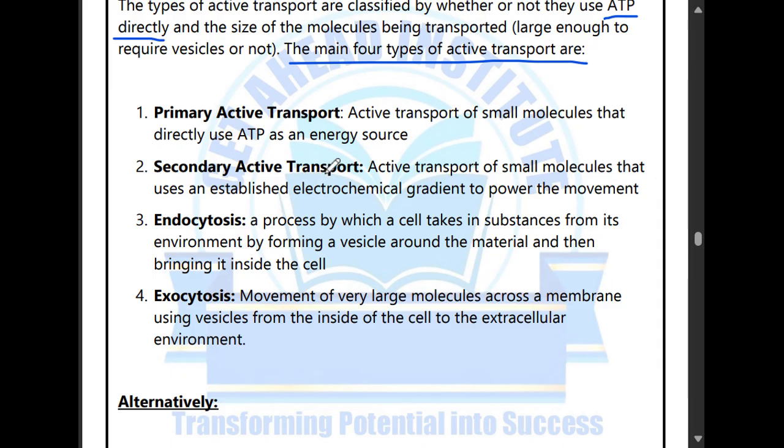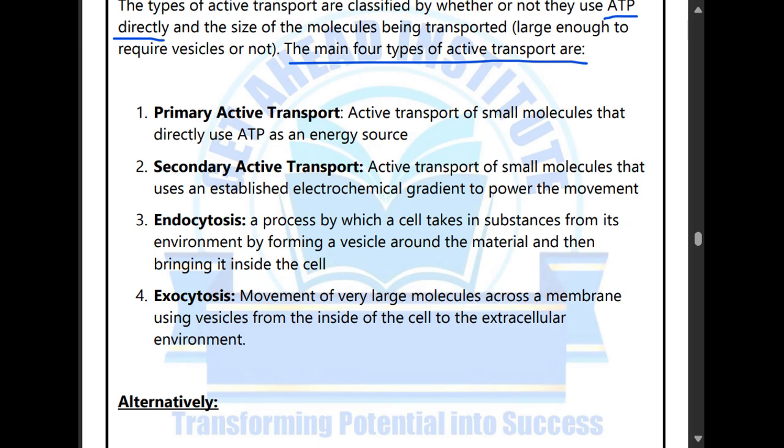Then we have secondary active transport. This secondary active transport is active transport of small molecules. What happens with secondary active transport is that it uses the energy of the electrochemical gradient which was created by the primary active transport system.